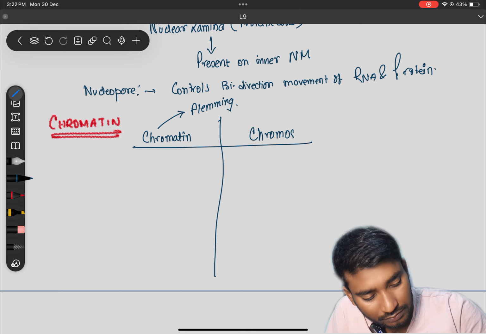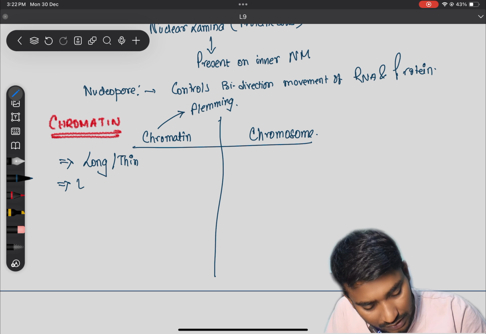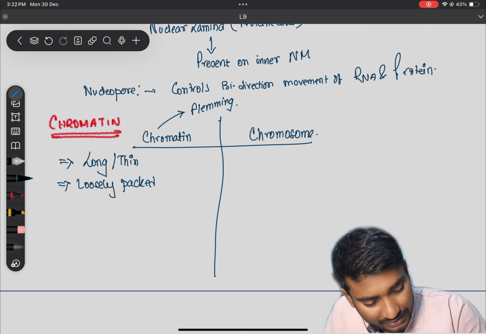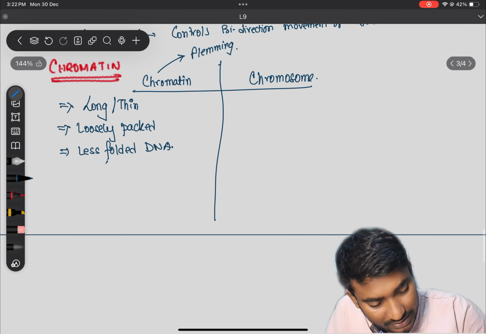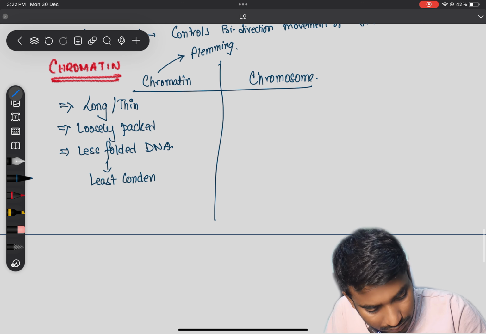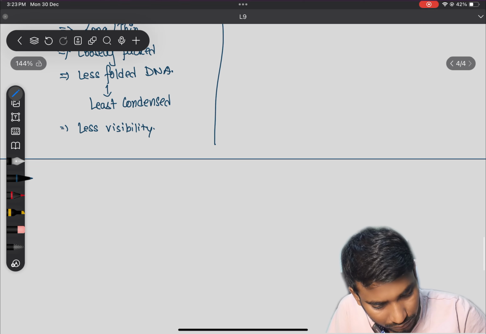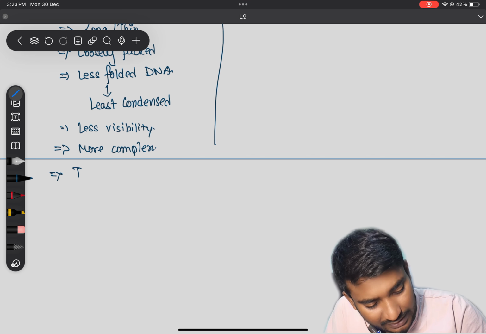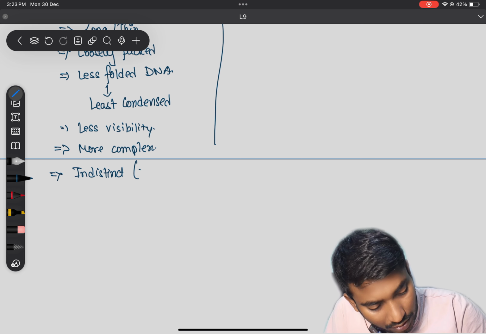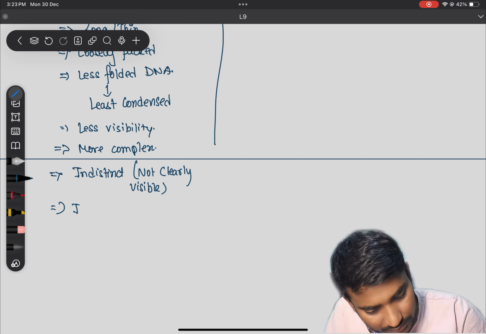It is long and thin, loosely packed, less folded DNA, least condensed, less visibility, more complex, indistinct, not clearly visible, seen in interphase, in a non-dividing cell.